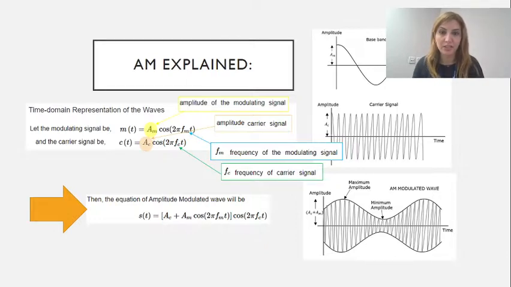So if we replace this cosine and that cosine with 1, you end up with A_C plus A_M, which will give us the maximum value of the modulated wave. Similarly, we can determine the minimum amplitude of this modulated wave.